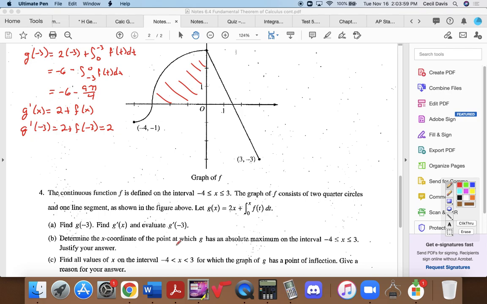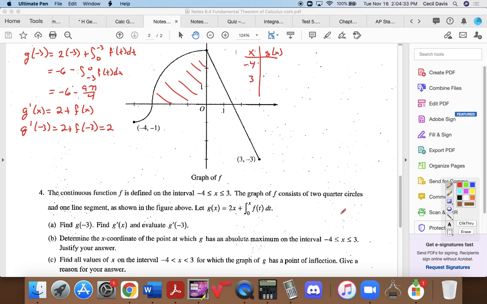Determine the x-coordinate of the point at which g has an absolute maximum on the closed interval from -4 to 3. Justify your answer. It's an absolute maximum. It's a closed interval. We're going to use the candidates test. We already know 2 of our candidates are -4 and 3.